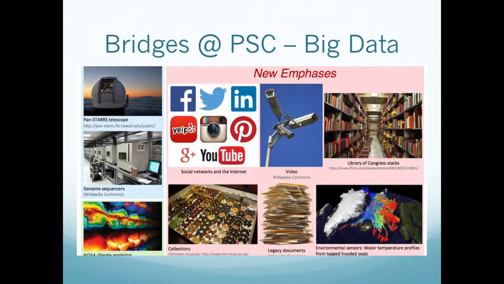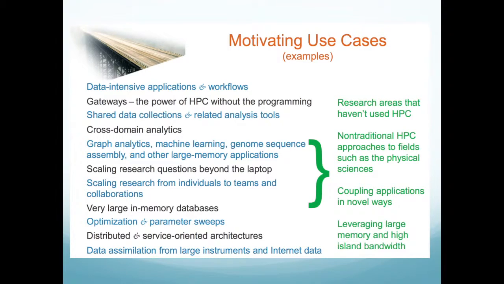You can also produce data using simulations or modeling. But some of these other applications are not typical, right? You have Facebook, Twitter, video feeds, library stacks of books or documents. So these are the targeted areas of research focus.